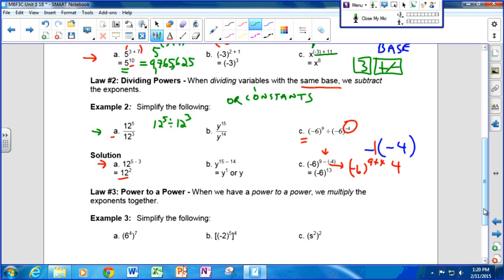So they show down here, it's just 5 minus 3, and we end up with 12 squared, or 12 to the power 2. Now you can work that out in your calculator. It's 144, right? And there's nothing to stop you from working out 12 to the power 5 on your calculator, right? So 12 to the power 5 is some big, ugly number.